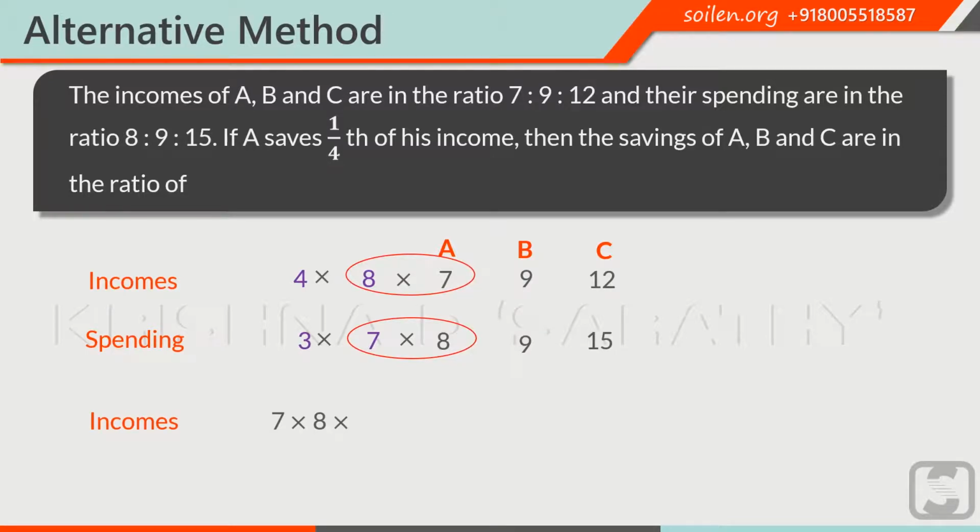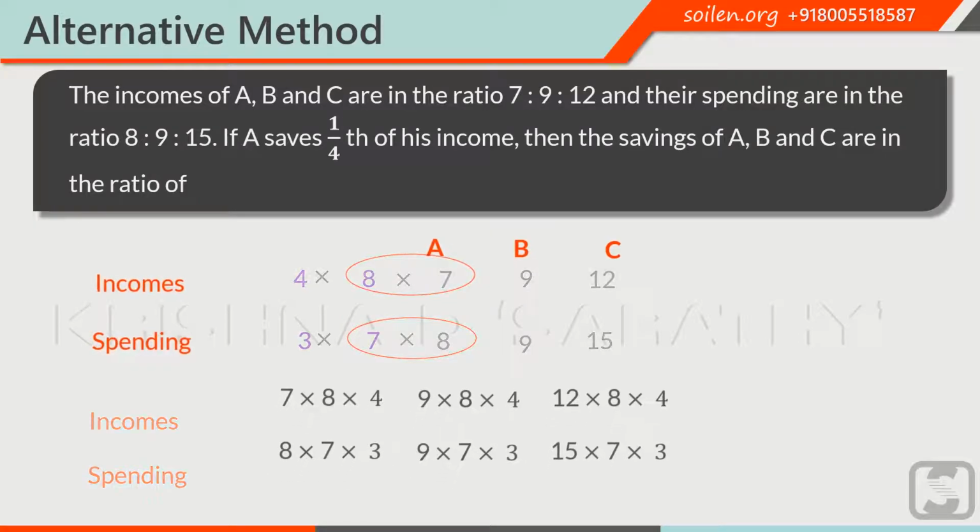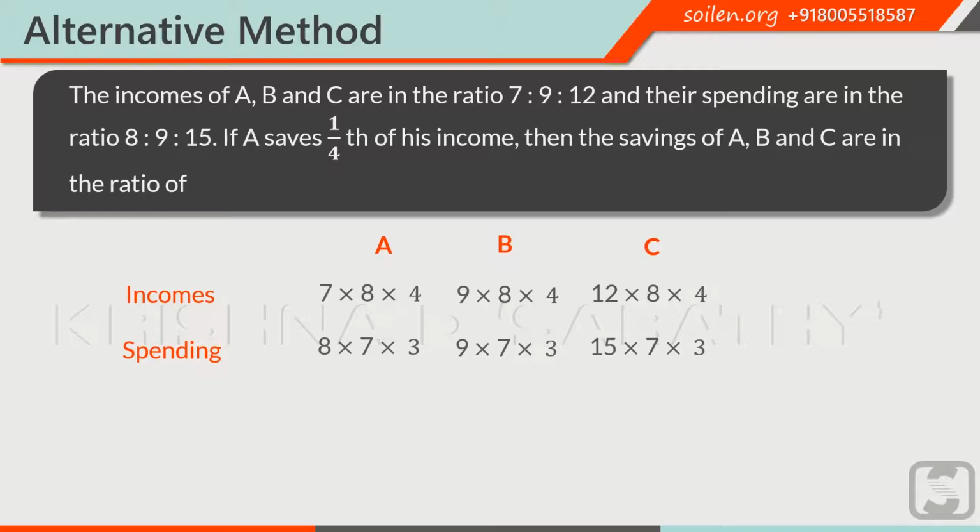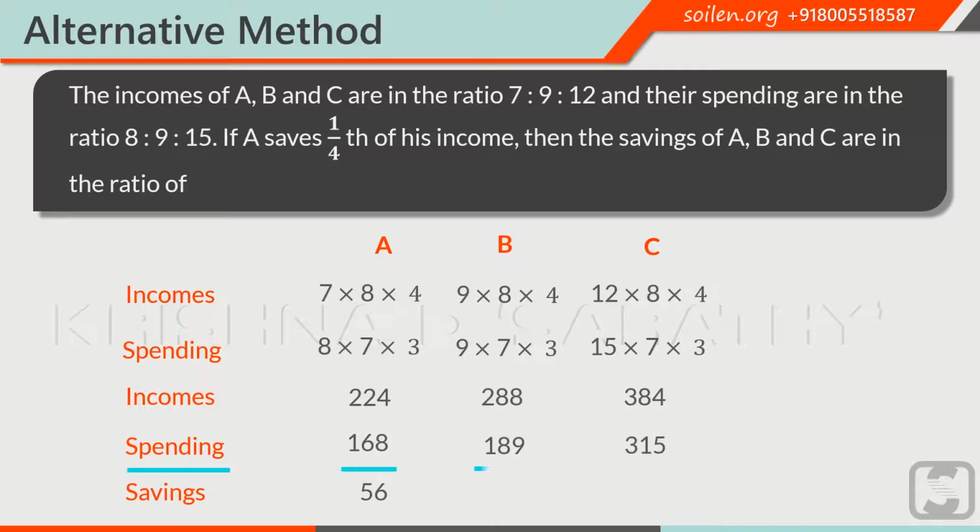Incomes 7 times 8 times 4, 9 times 8 times 4, 12 times 8 times 4, and spending 8 times 7 times 3, 9 times 7 times 3, 15 times 7 times 3, and the respective products are here. Incomes 224, 288, 384, spending 168, 189, 315. Now, we will take the respective differences of incomes and spending. Finally, we get savings 56, 99 and 69. This is the required answer.